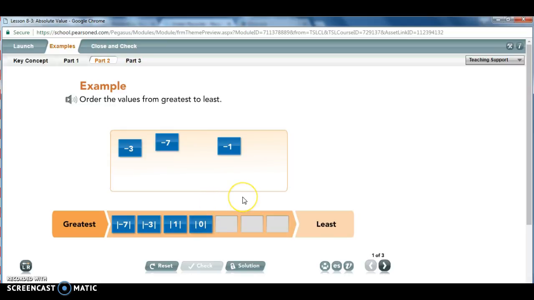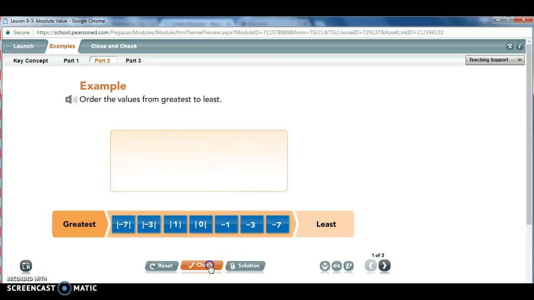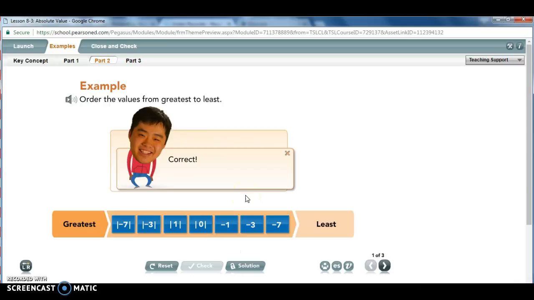Then we would start looking at what comes next on my number line. If I go from 0 into my negative numbers, I would first come across -1, then -3, last but not least, -7. If I check my answer, good job, Miss Holt, I got it correct. Yay me.